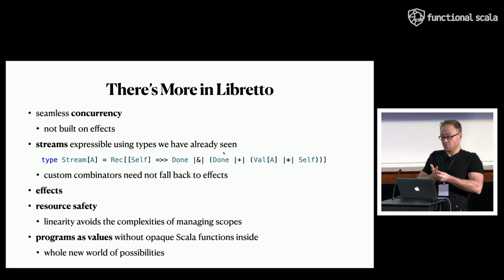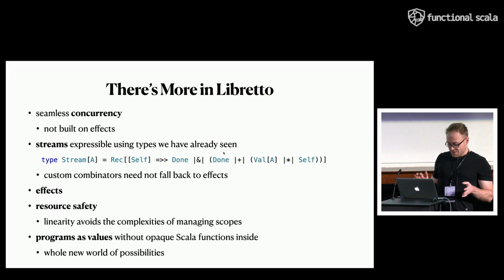Since it's not a primitive, custom combinators are easy to write using existing built-in functions, and the implementations do not need to fall back to low-level effectful programming with queues or mutable references and so on.